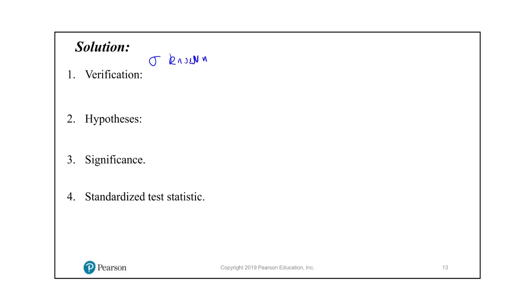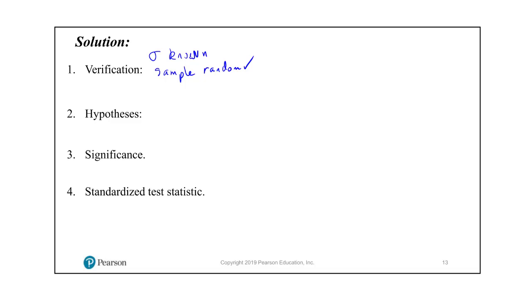The sample is random. Yes, that was stated. And either we need the population normally distributed or we need a big enough sample size. But we were told that the population was normally distributed, so we're okay. All of this means that yes, we have everything needed for a z-test.